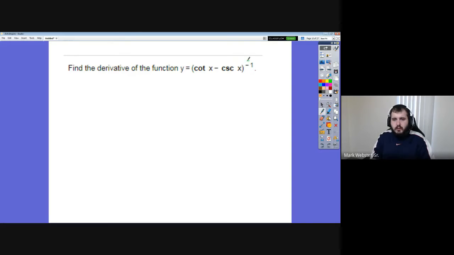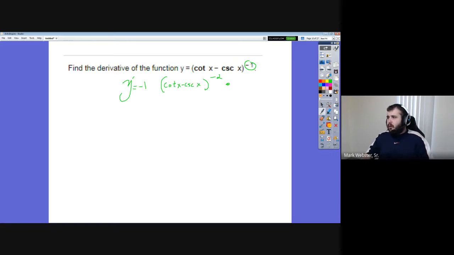So once again, we're going to use our power rule, bring it down. All I did is I took the derivative of the outside part. I didn't change anything in here. Now I'm going to multiply by the derivative of what's inside.